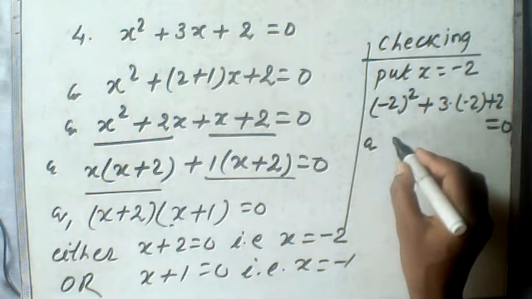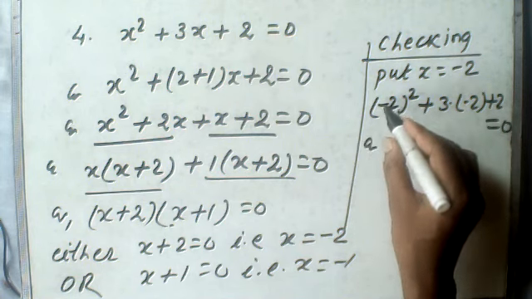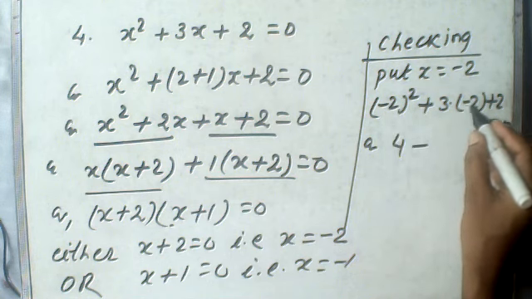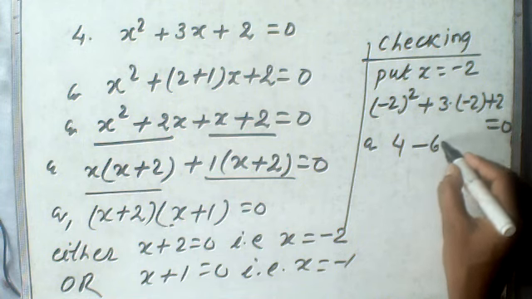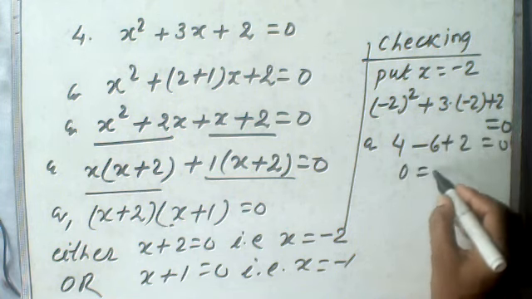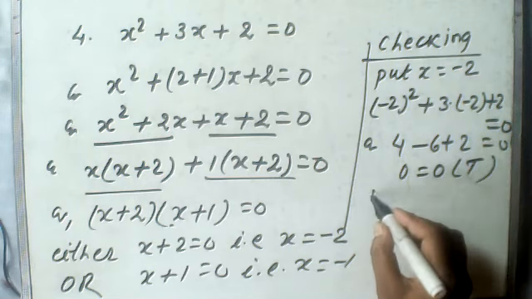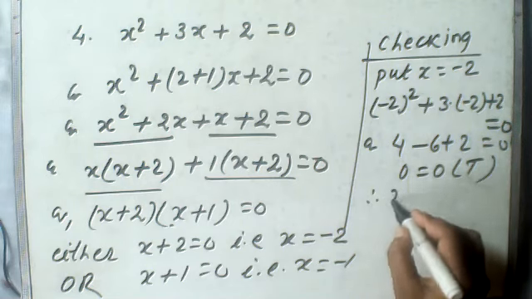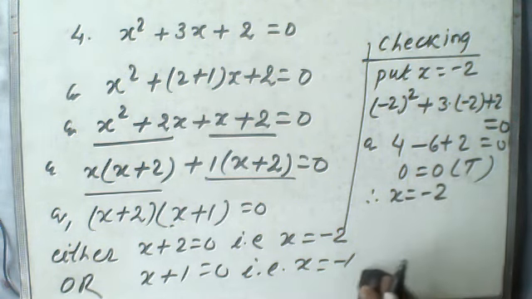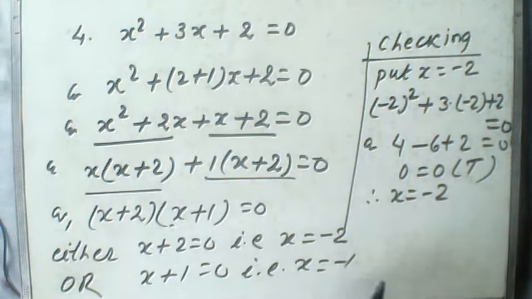Minus 2 square is minus times minus is plus 4, plus 3 into minus 2 is minus 6, plus 2 is equal to 0. This is 6 minus 6, 0 is equal to 0. This is true. Therefore, x is equal to minus 2 satisfied the polynomial.